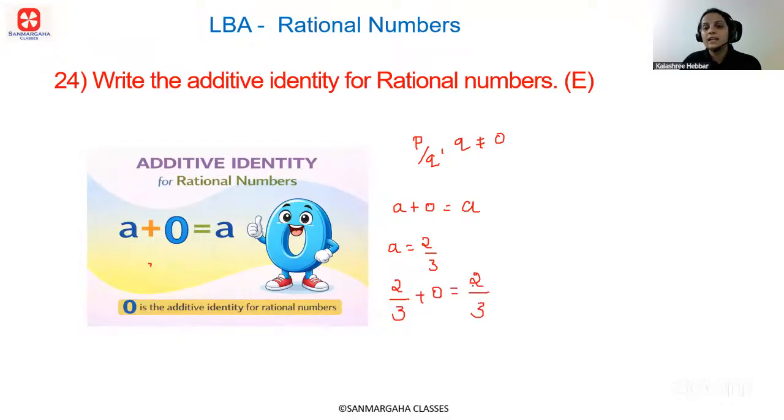So by adding 0, the value of the given rational number doesn't change. So 0 is known as the additive identity for rational numbers. The answer is 0.